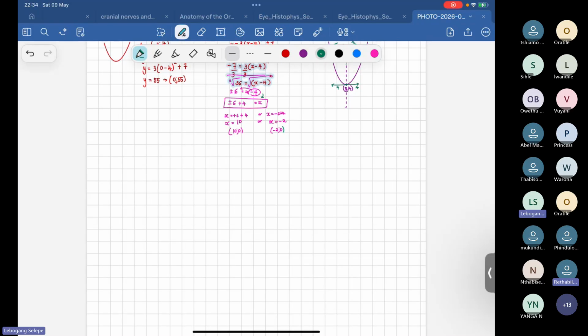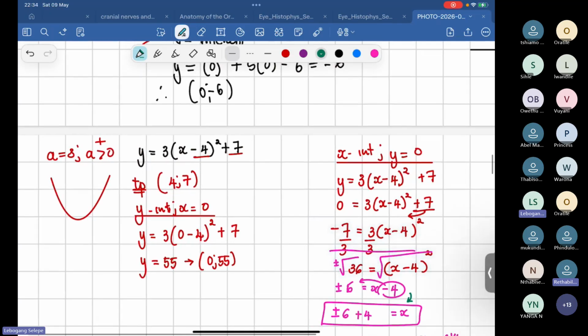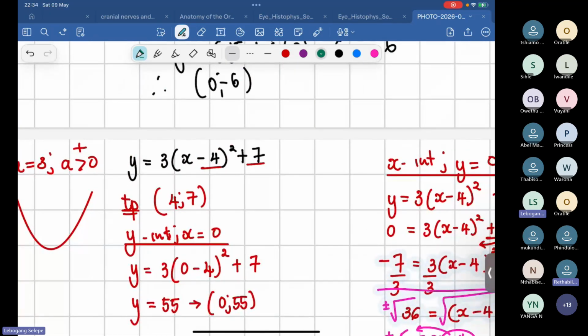I need to ask you something, but I just don't know if I'm gonna make sense. Okay, let's try. Can you please go a bit up to the turning point form? To the turning point, which one? The one that we've been doing, the equation that you gave us that has 3 multiplied by... I don't recall. Yes.